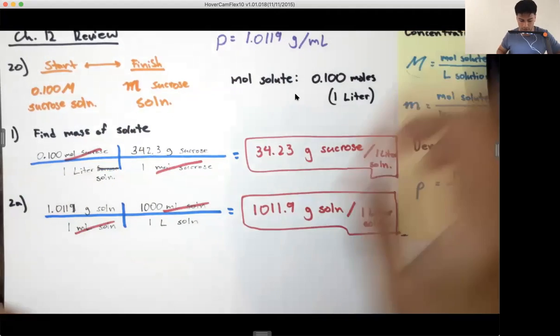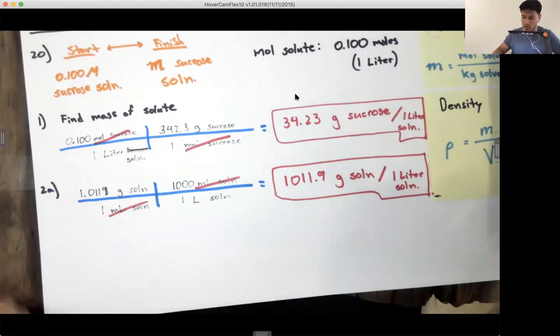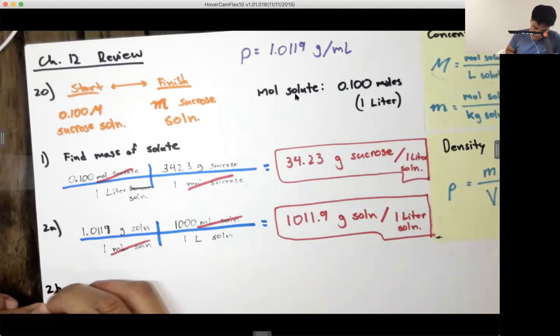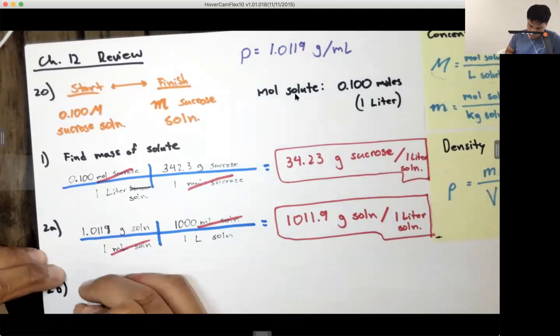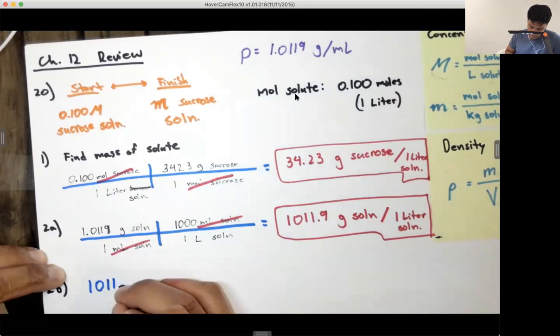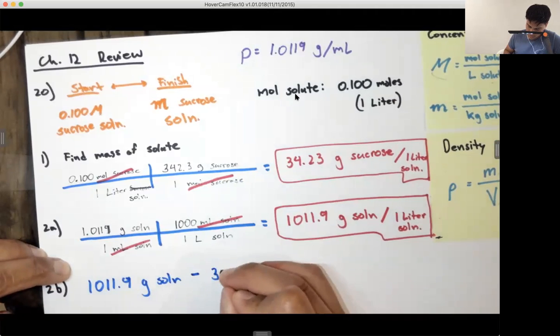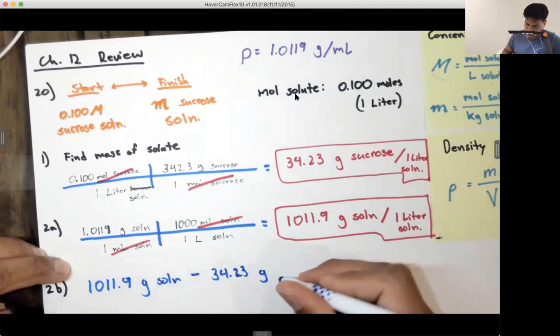All right. So just like that, that's exactly what we did. So let's go ahead and do that, okay? And then this is the next step here, which I'll title 2B, is to just do a simple subtraction. All right. So we have 1011.9 grams of solution minus 34.23 grams of solute.